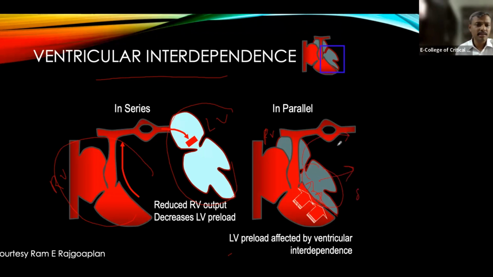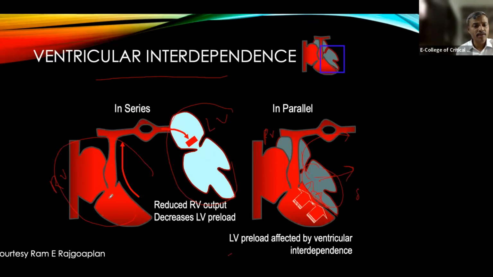Output will be reduced. This is how right ventricular failure and right ventricular dilatation, because of the interdependence through the interventricular septum, compromise the space of the left ventricle and reduce the preload, because it cannot take any preload. So left ventricular afterload will be reduced. Till now, what have you understood?